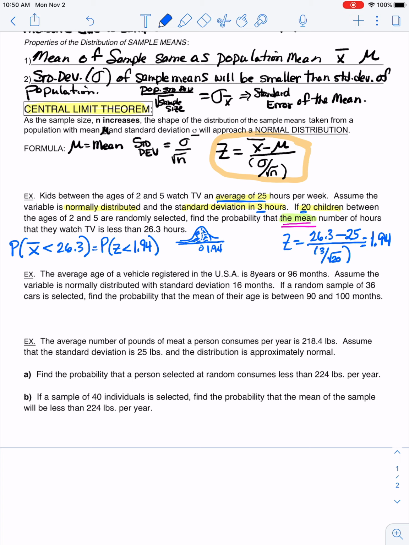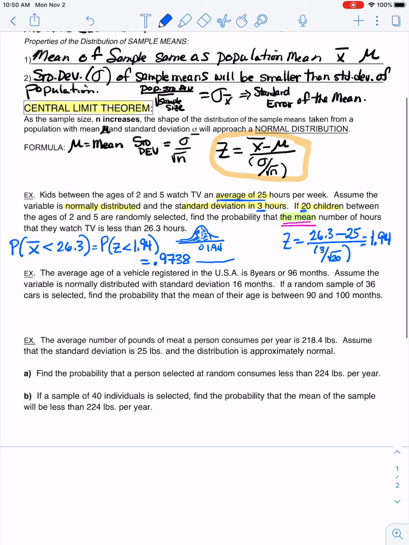Either by table or by your calculator, a normal CDF, I calculated this to come out to be 0.9738 for the probability. You're welcome to say that is 97.38%. That's okay too. Either way, that's going to be your probability. Okay, perfect, using the central limit theorem.